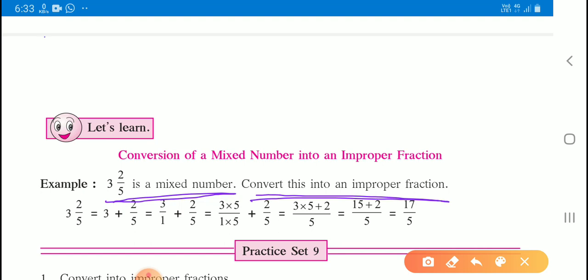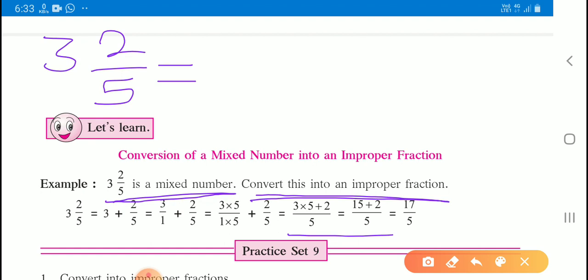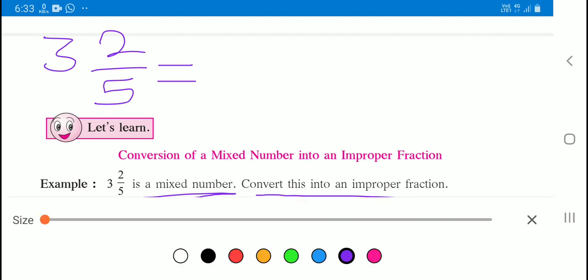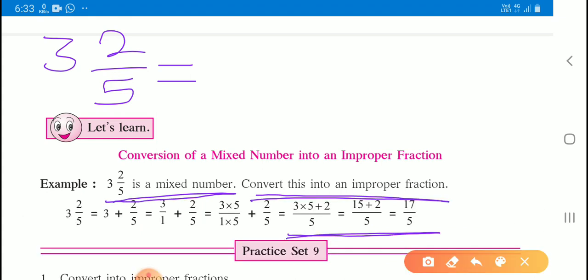Look, 3 and 2 upon 5. Two methods they have given, but we will use the simple method. Here, what do you have to multiply? You have to multiply this quotient and divisor, and add the remainder to that.